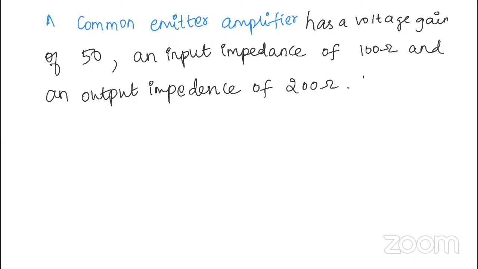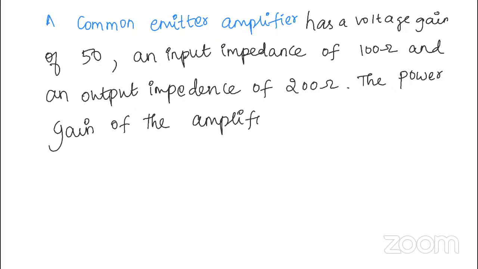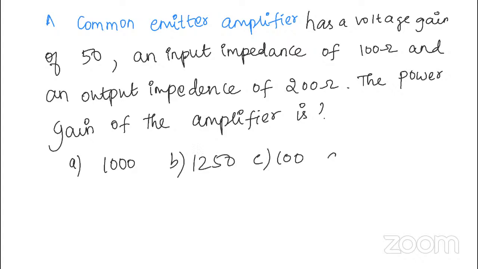Then the power gain of the amplifier is? Okay. So here they have given the options: A is 1000, B is 1250, C is 100, and D is 5000.